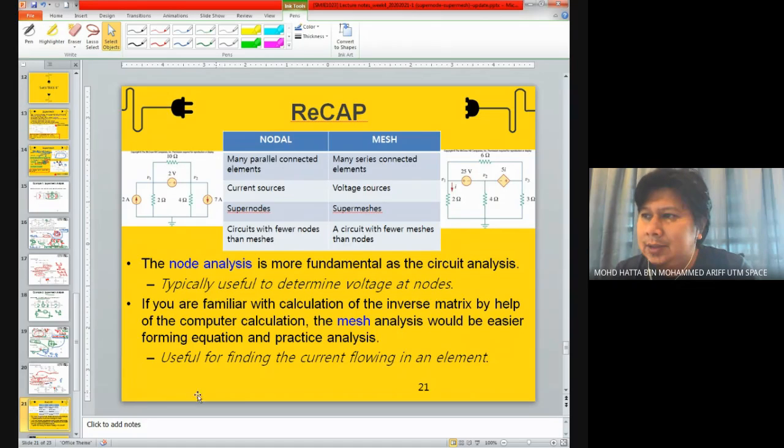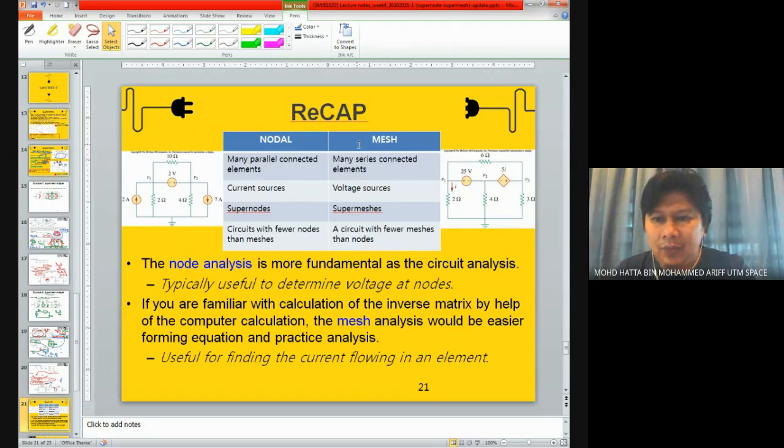So when you have many parallel connected elements, nodal is the best way to analyze your circuit, whether you're trying to find voltage or current or others. And if you have many series connected elements, you try to use mesh.